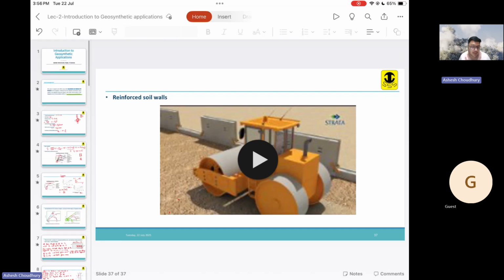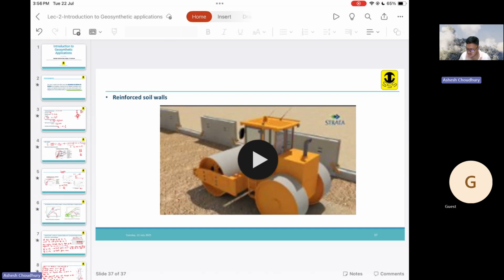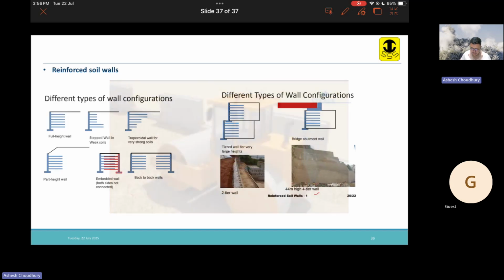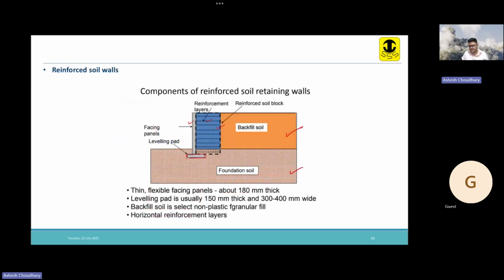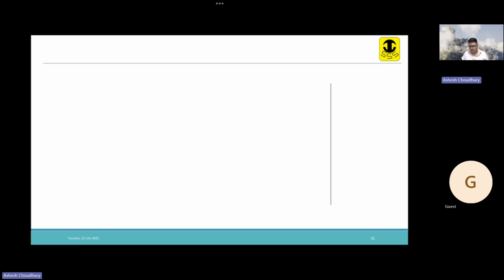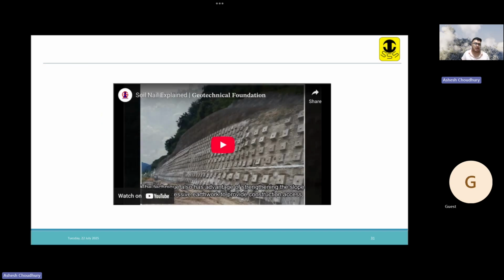We have covered the main concepts of reinforced soil walls. In tomorrow's class, we will solve a design problem of designing with reinforced soil.